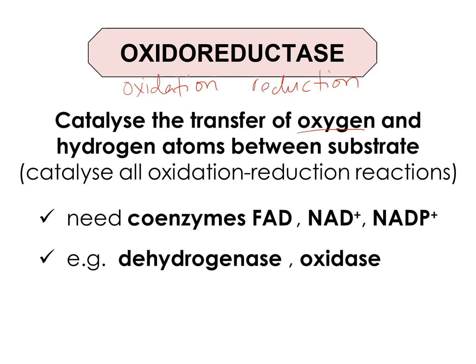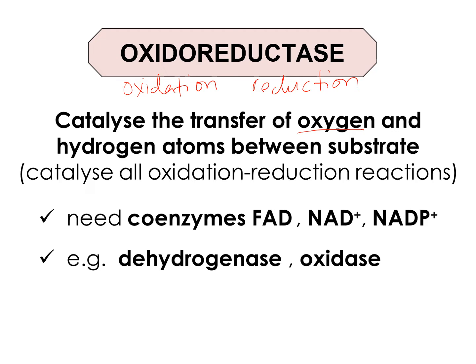So, oxidation and reduction involve the transfer, the acceptance or the removal of oxygen and also hydrogen atoms between substrates. So oxidoreductase catalyzes the transfer of oxygen and hydrogen atoms between substrates. So it involves oxidation and reduction reaction.